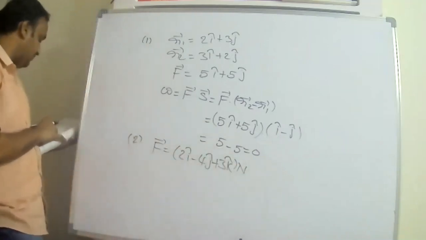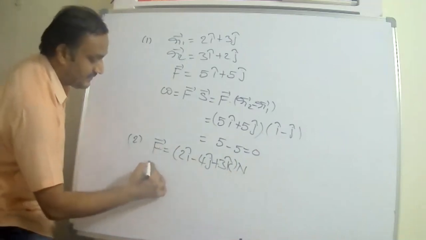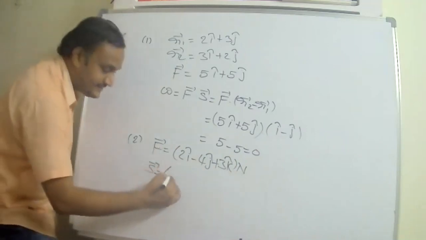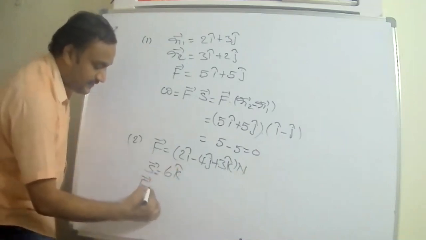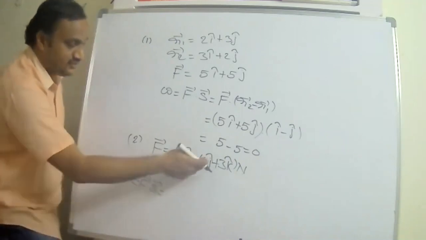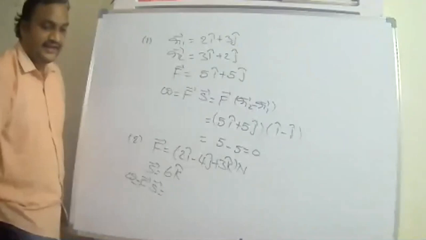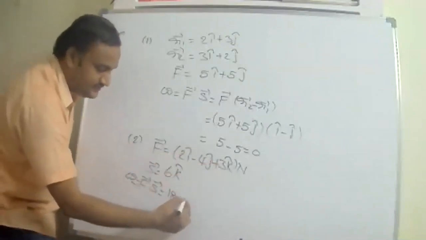Work done by the force in moving the body by a distance 6 meters along z. So displacement vector is 6k cap. So work done is equal to F bar dot S bar, that is i is 0, j is 0, k dot k, x1 x2 plus y1 y2 plus z1 z2. So 18 joules.